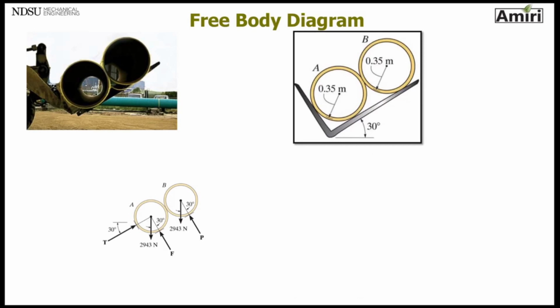So let me draw it again, although it's there. So it is free body diagram of A and B. So we're trying to draw FBD of A and B, which I usually don't like to do. I like to have separate free body diagrams for each body, but that's okay.